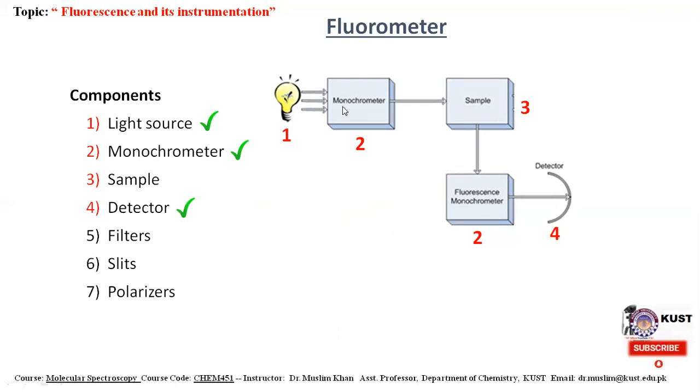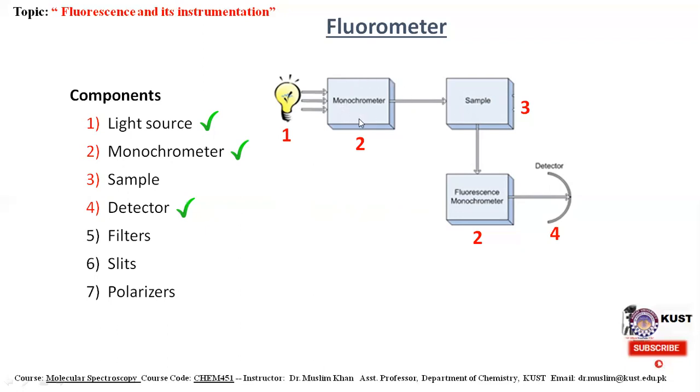These are the components which are there in a fluorometer. First of all, the light source, as I mentioned in my previous slide, and then a monochromator, because polychromatic light is coming from this light source. We need light of a single wavelength to excite the sample.